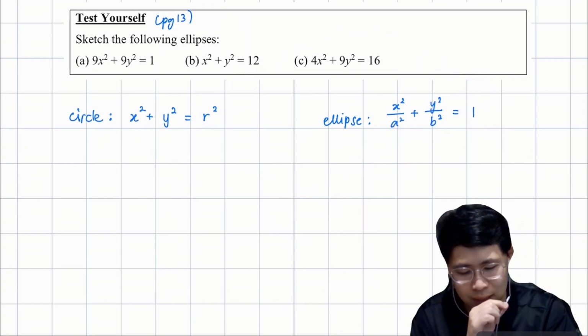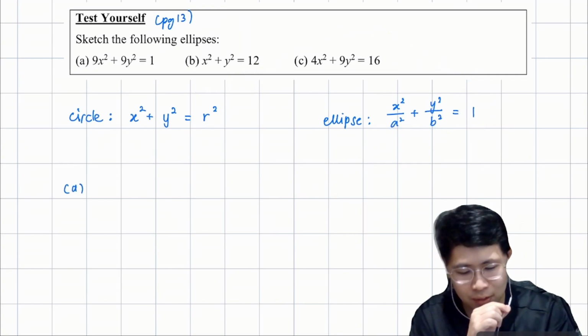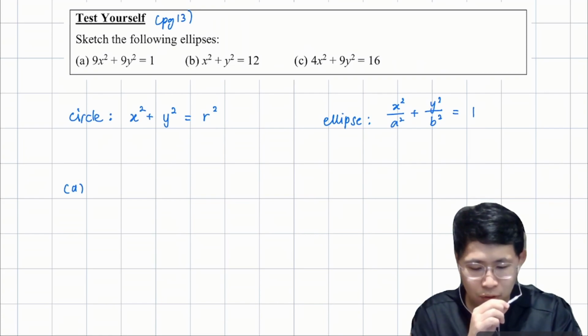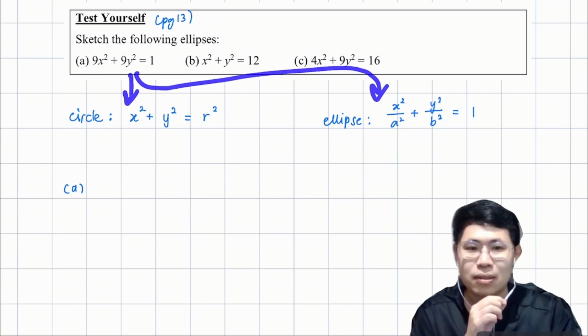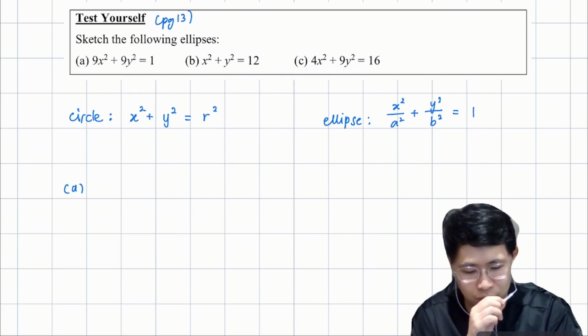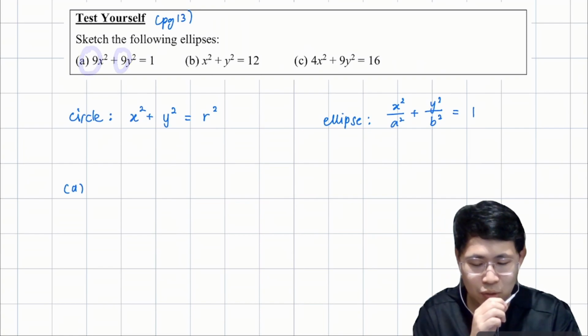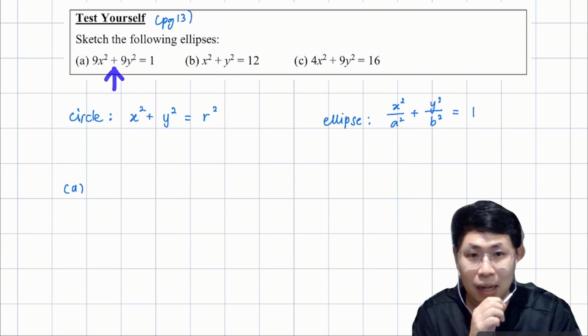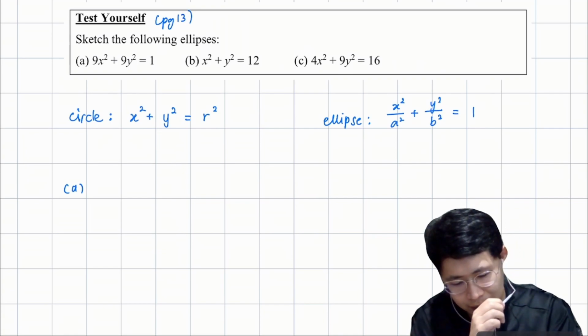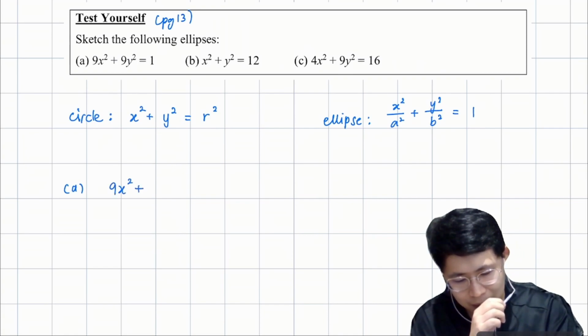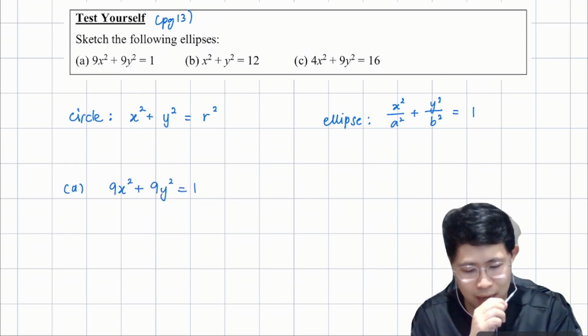Okay, so without further ado, let us jump to A. For A, what form does it follow? Does it follow the circle or the ellipse? The answer is that it follows the circle. Why? Because the coefficients of x squared and y squared are the same, and there is a plus in the middle. Over here we start with 9x squared plus 9y squared equals 1.